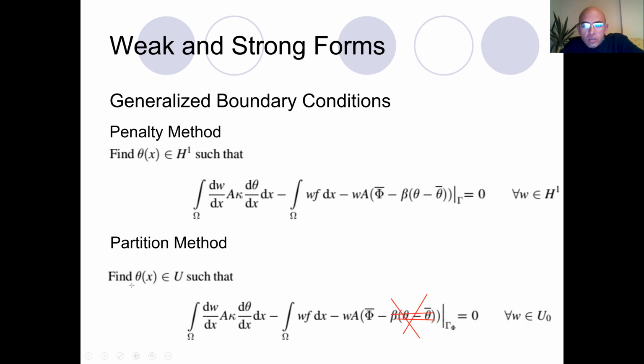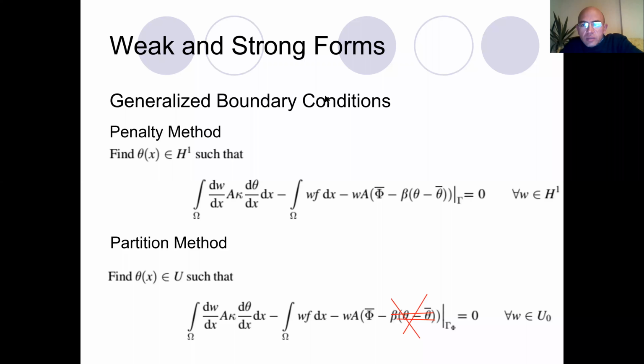In the partition method, theta x has to be in U such that the integral of dw/dx a multiplied by k d theta/dx, minus wf, minus wa phi bar. Now w has to satisfy, sorry, has to be in U0 in this case.